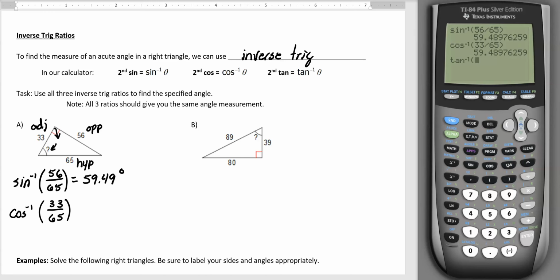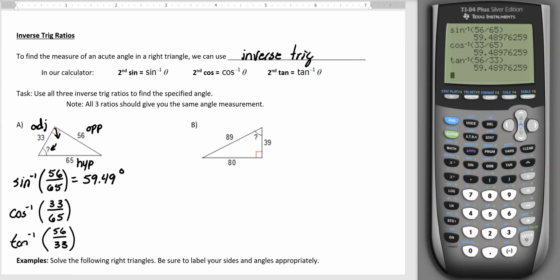Tangent inverse would be my opposite, 56, divided by my adjacent, 33. What do you know? The exact same thing. So all of the different inverse trig ratios will give you the same measurement for the angle because this angle obviously is that one measurement, 59.49 degrees.